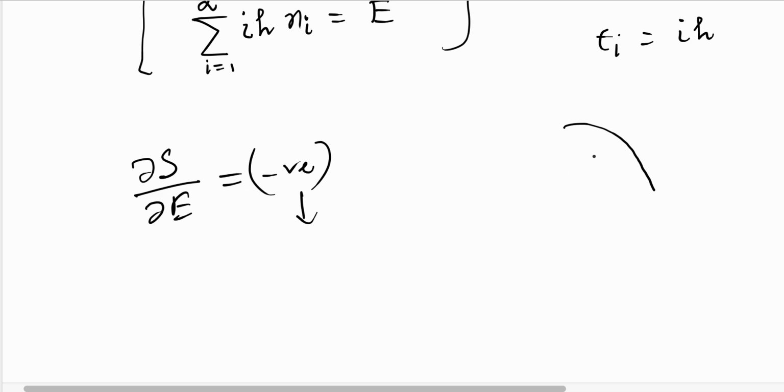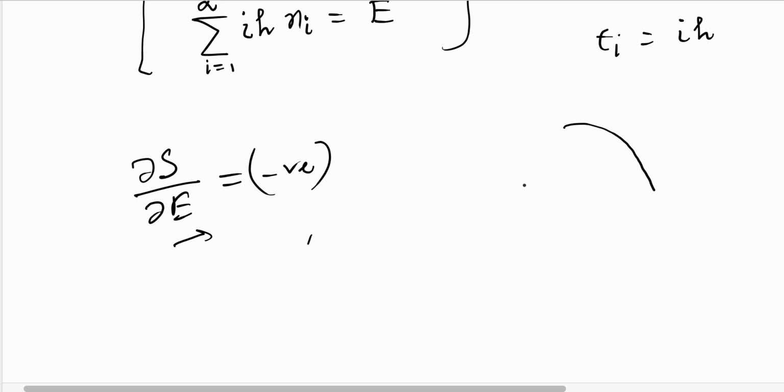If it is a decreasing function of energy, then if you change E in a positive sense, E to E plus some positive number, S will become S minus some number. If dS/dE is negative, it means that if I change energy by some positive number, entropy will decrease by some positive number.